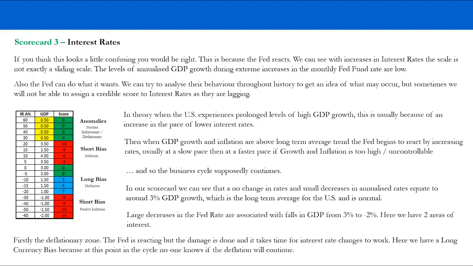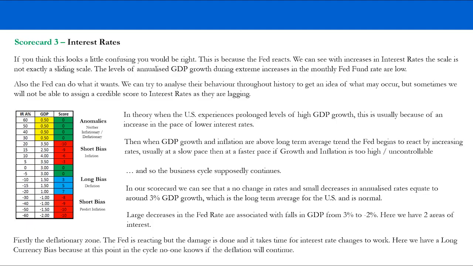And when GDP growth and inflation, for example, are above the long-term average trend, the Fed begins to react by increasing rates, usually at a slow pace, then at a much faster pace if growth and inflation are too high or uncontrollable. And this is basically the Fed reacting to the business cycle.